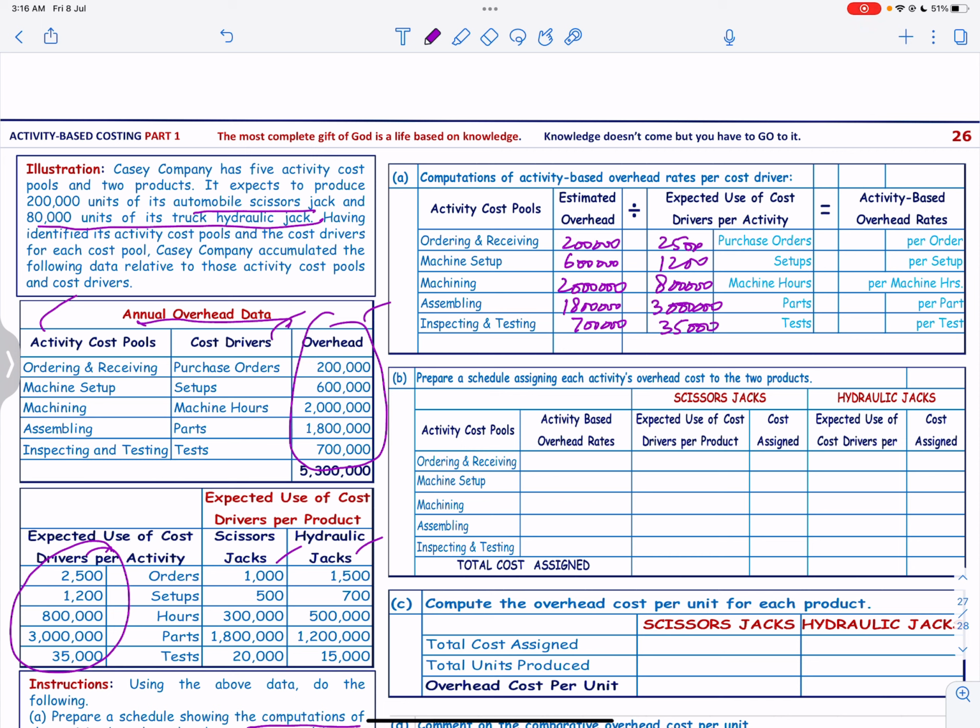So the rate will be simply divide, that will be 80, 500, 2.5, 0.6 and 20 respectively.